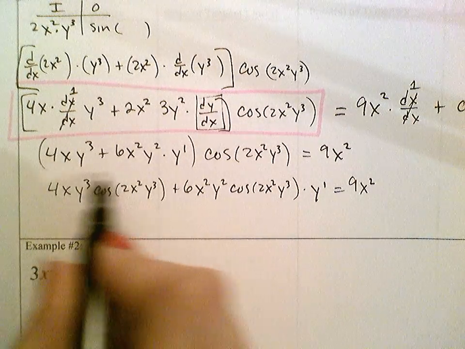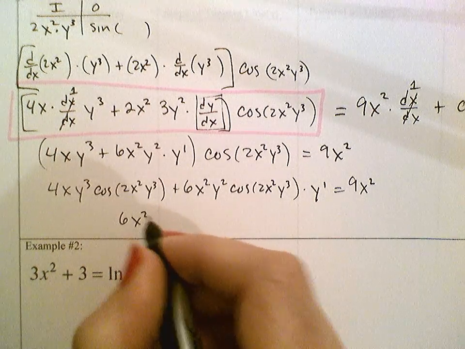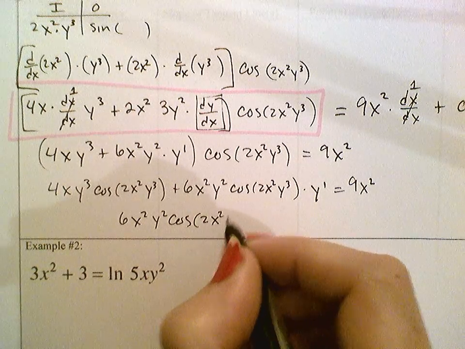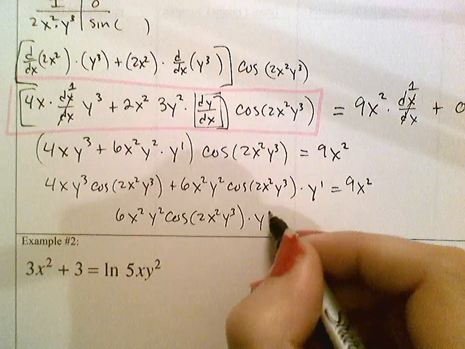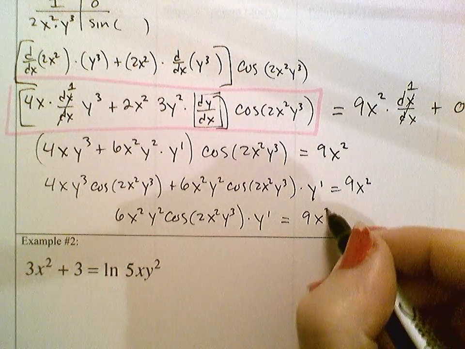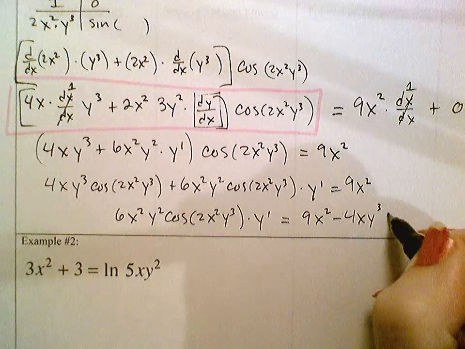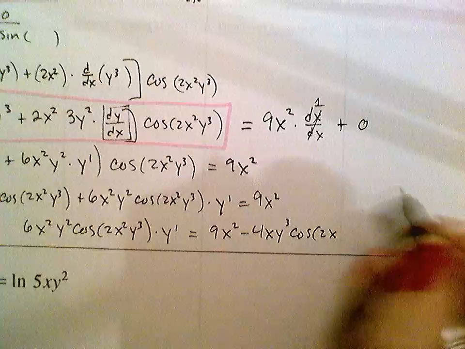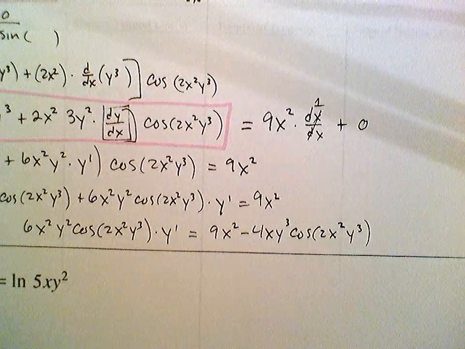So when I subtract that from both sides, I get 6x squared y squared cosine of 2x squared y to the third times y prime equals 9x squared minus 4x y to the third cosine of 2x squared y to the third.